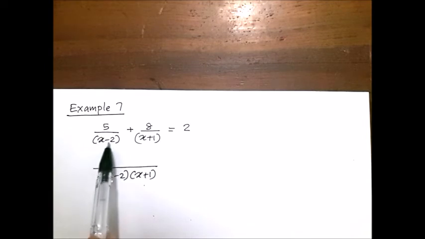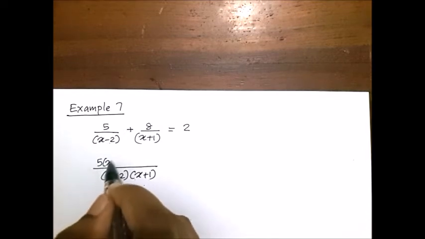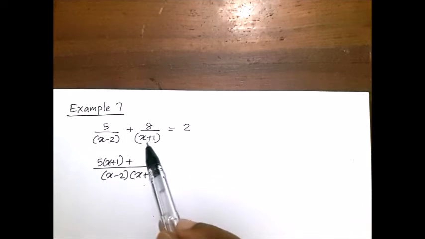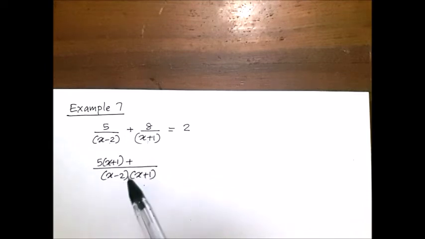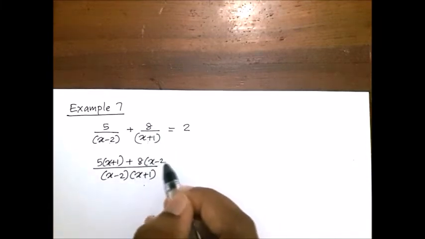Here the denominator is x minus 2, so multiply this numerator by x plus 1. Here the denominator is only x plus 1, so multiply this numerator also by x minus 2.